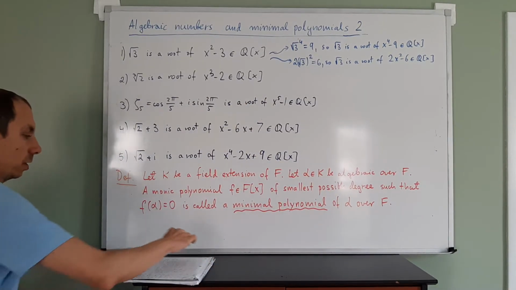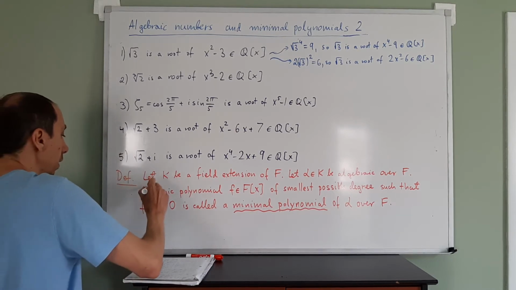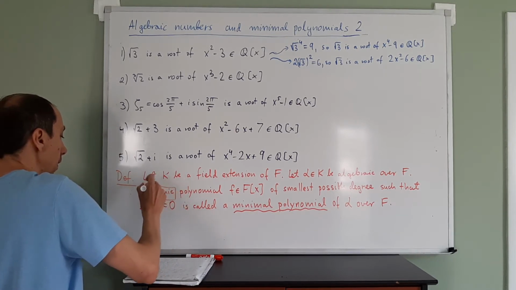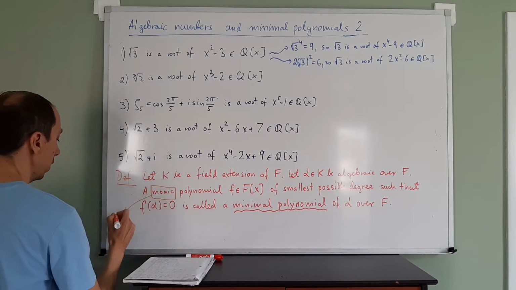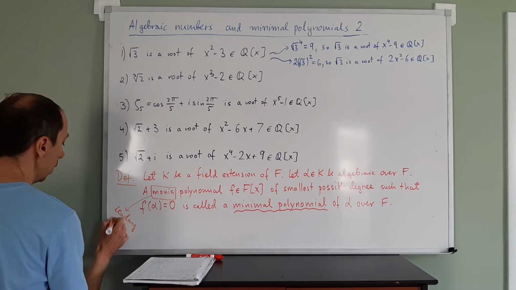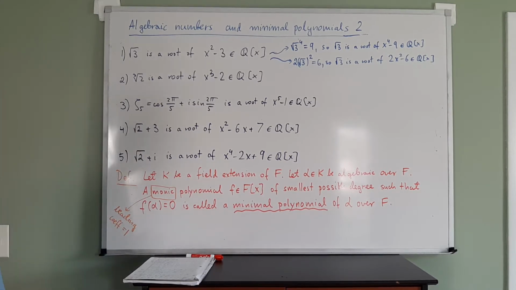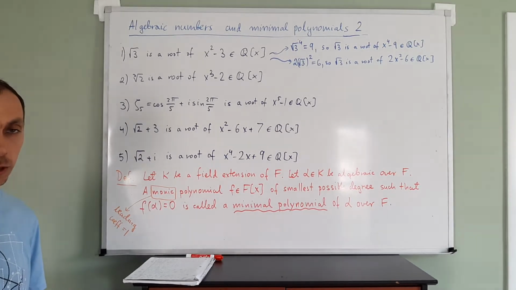So a few remarks here. First of all, what does monic mean? Monic just means the leading coefficient is equal to 1. In particular, a monic polynomial cannot be the zero polynomial.